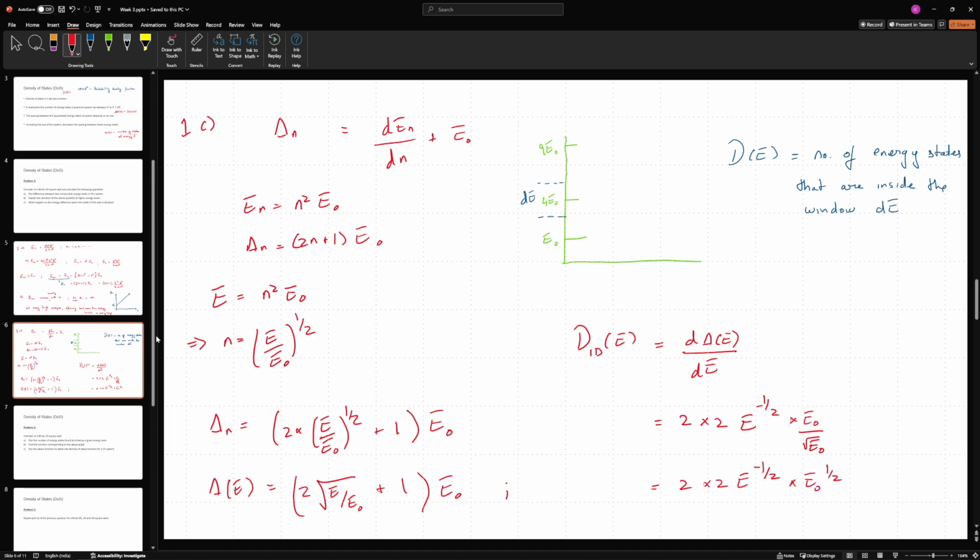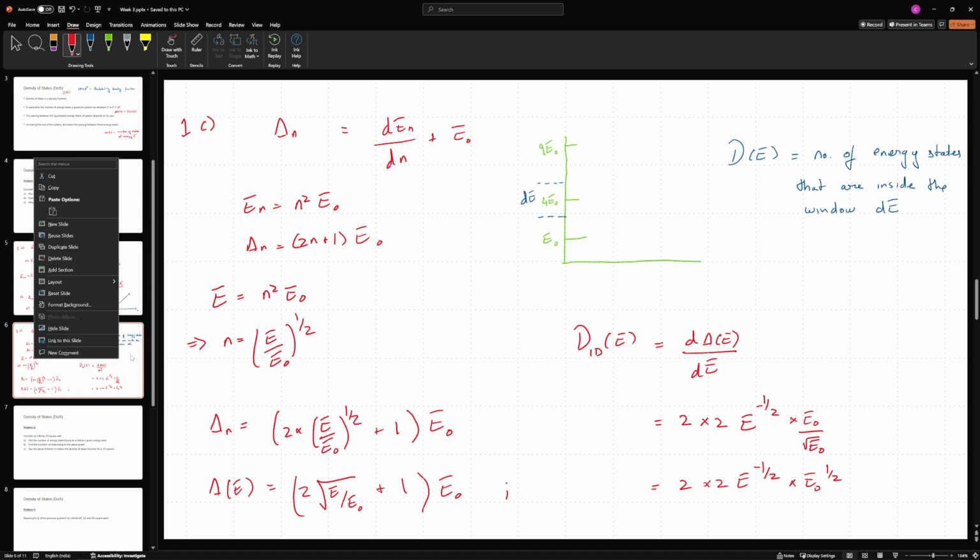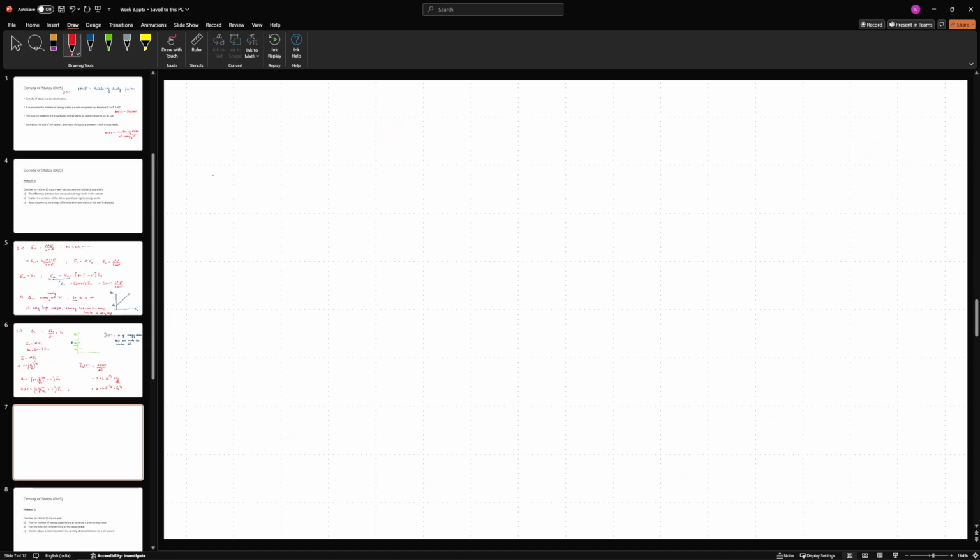Now if I substitute the values, this is going to be 4 E to the power half, into square root of E naught, which is the square root of pi squared h bar squared by 2m a squared.